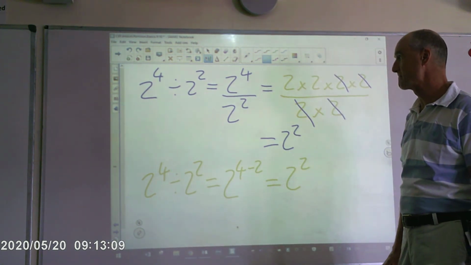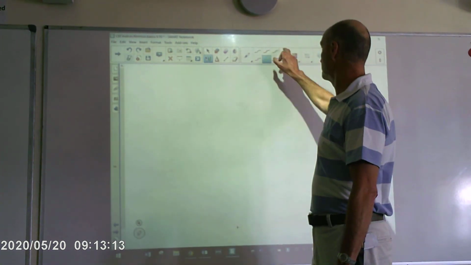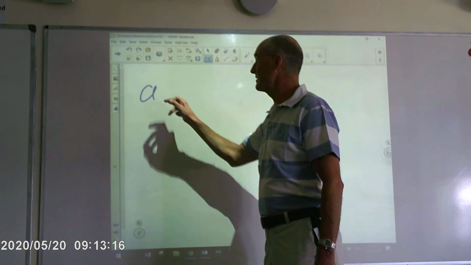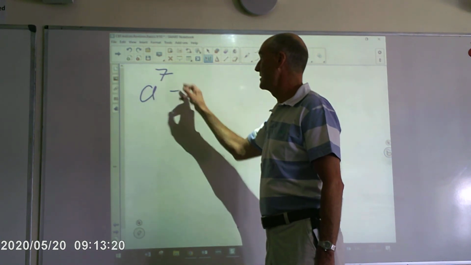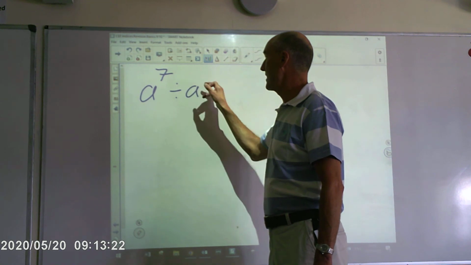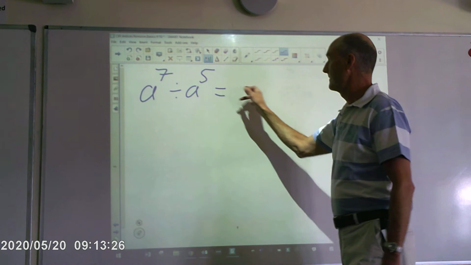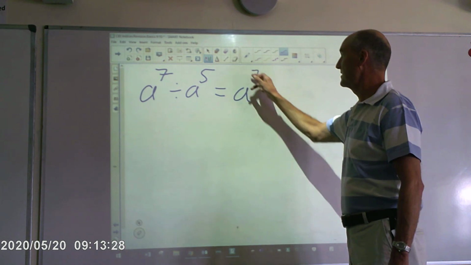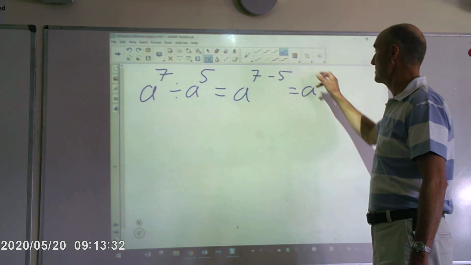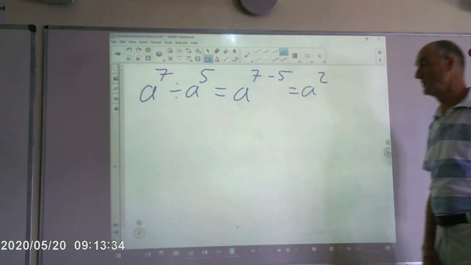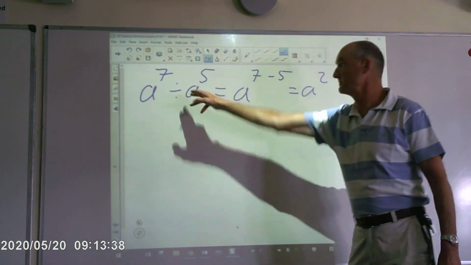Okay? So in general terms, go back to using our a. a to the power of 7 divided by a to the power of 5 would be a, and then 7 minus 5, it would be a to the power of 2, a squared. Just subtract the powers when you're dividing. Okay?